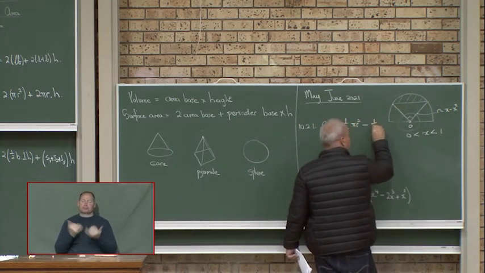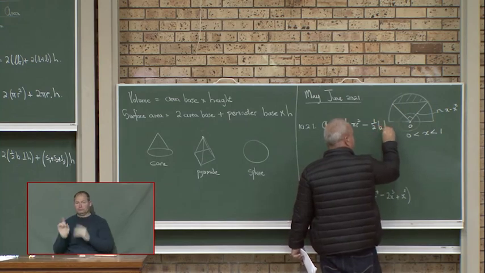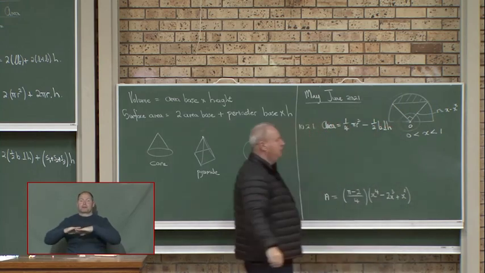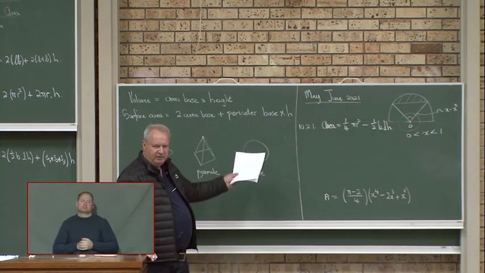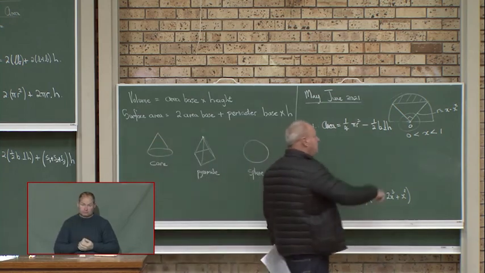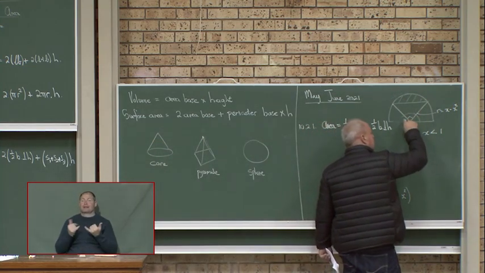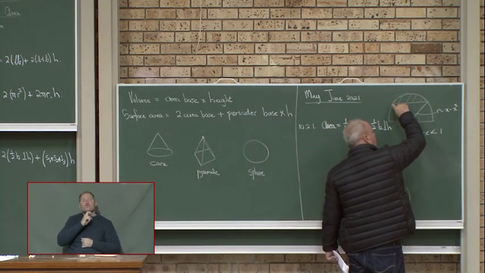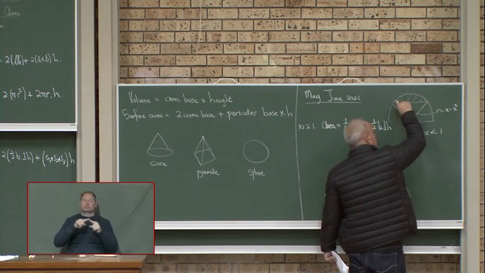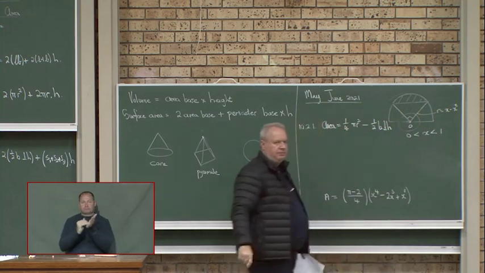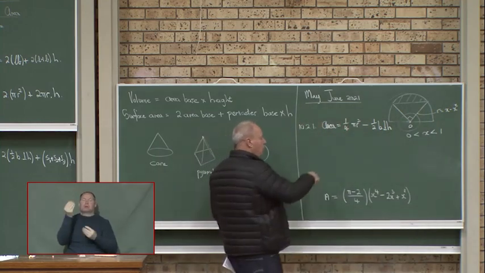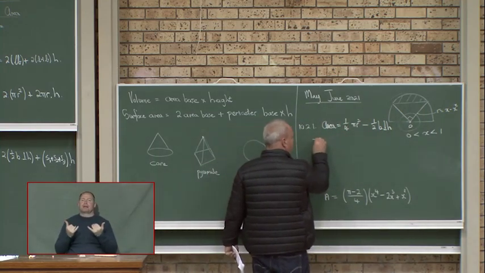And the triangle is half base times perpendicular height. Do you agree with that? You understand that? So if I take the sector, and I subtract the triangle, I'm left with the segment. Right, so now all we have to do is to replace it into that formula.